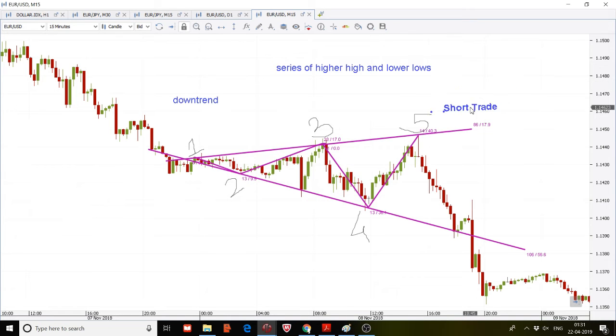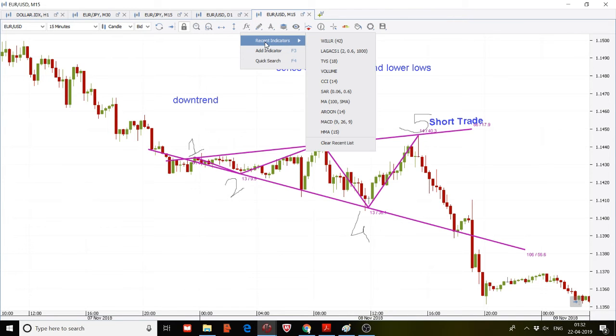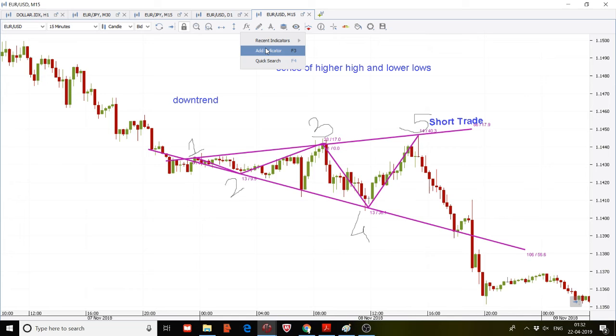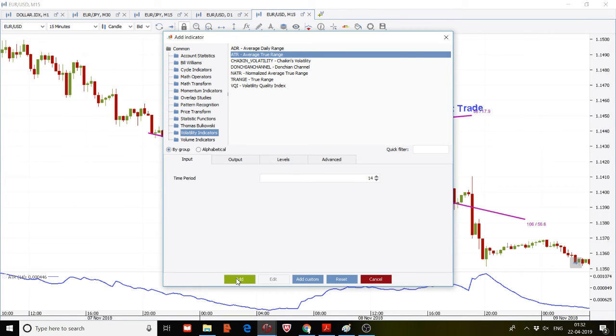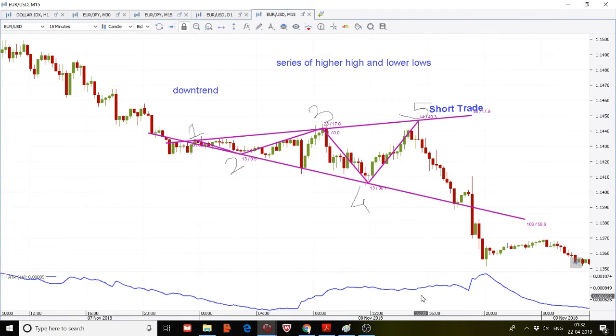So here you got the opportunity to open a short trade. Take the help of ATR to get the idea of the range. You will get ATR in the volatility section, and ATR shows us a range of that time.